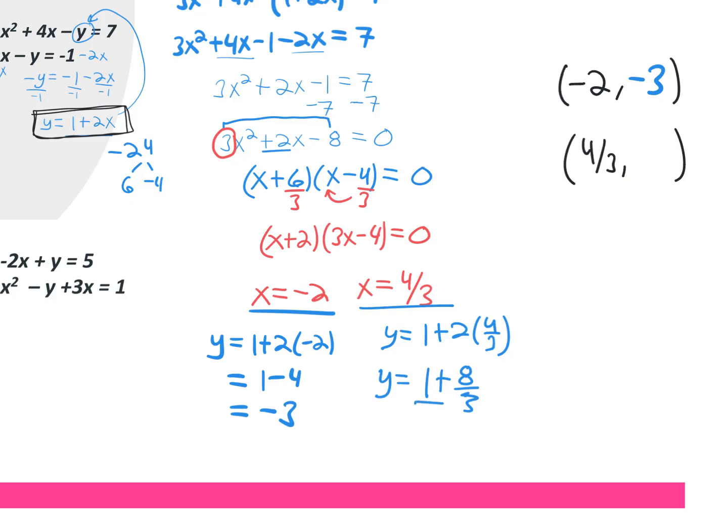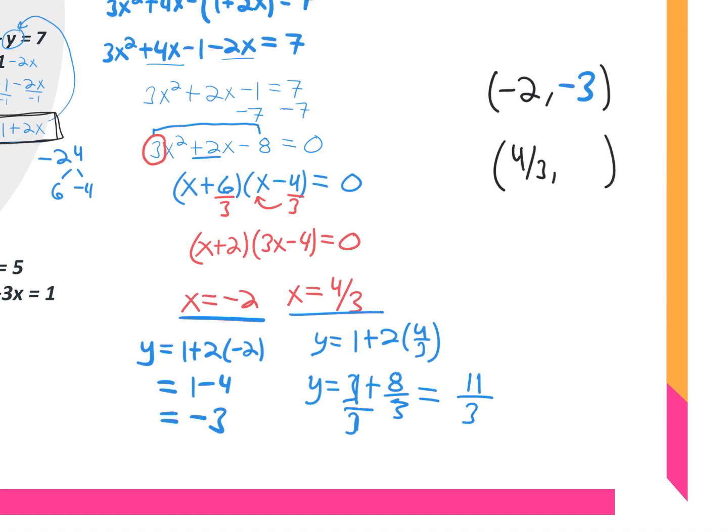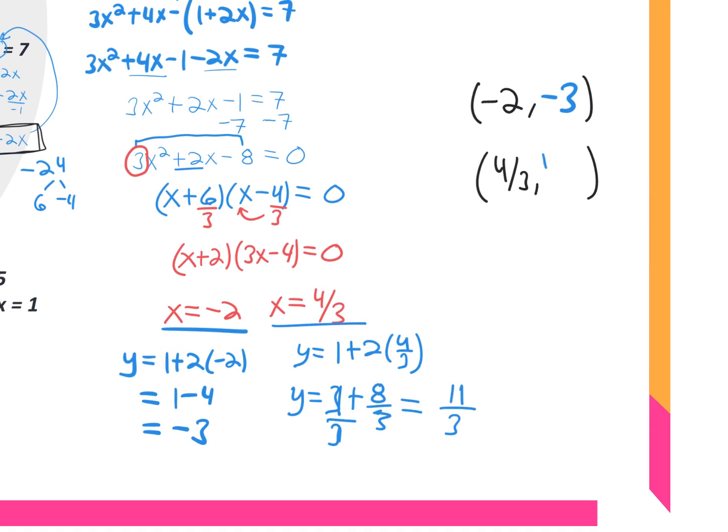Good, right? So make 1 over 1, and then you can do 3 over 3. So 3 plus 8, what does that get you? 11, right? So we get 11 over 3 as our y value for our second one. So that means our other answer is going to be 4/3 comma 11/3. So these are our two answers here.